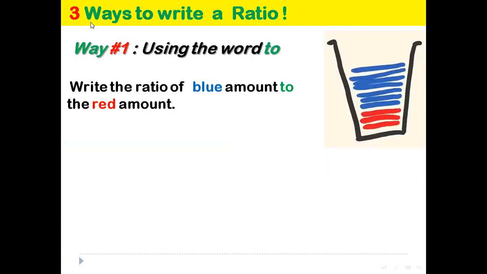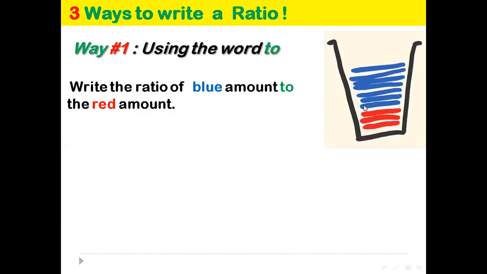Now there are 3 ways to write a ratio. Way number 1: we can use the word "to," T-O, because we are comparing something to another thing. Here, write the ratio of the blue amount to the red amount. Look at the blue. How many blue amounts do we have?